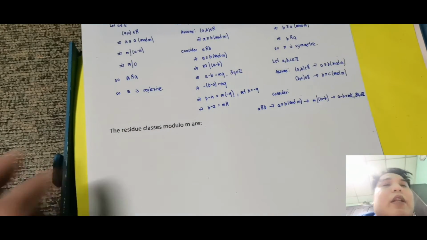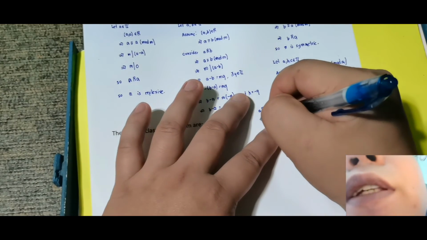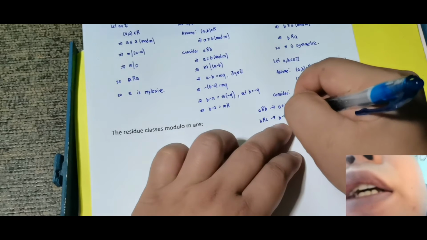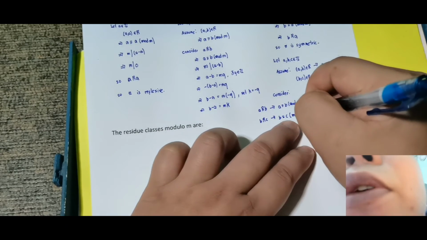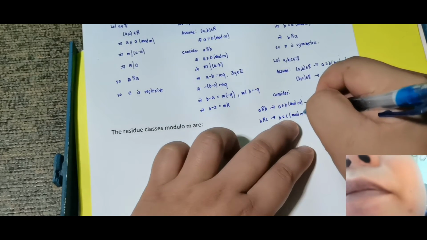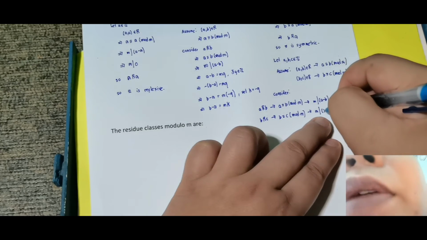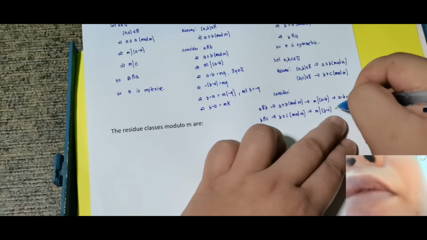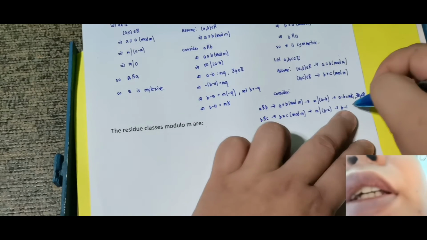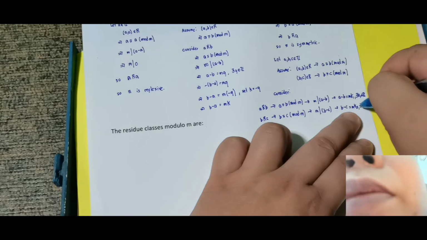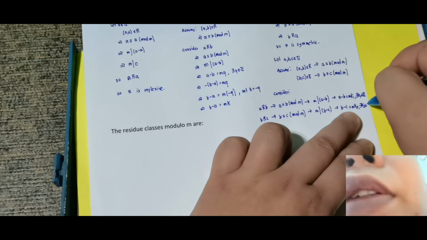So yun ang tinry ko. Next is b related to c. This implies that b is congruent to c modulo m, which implies that m divides b minus c, which implies that b minus c is equal to m k sub 2 for some k sub 2 element of integers.